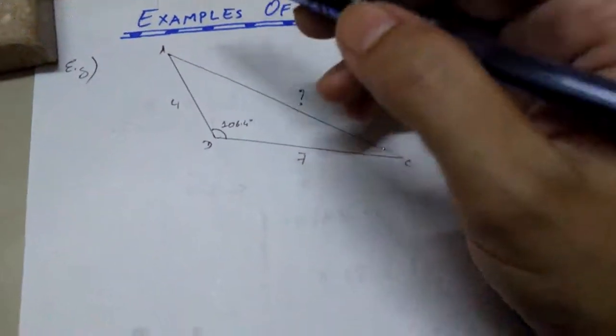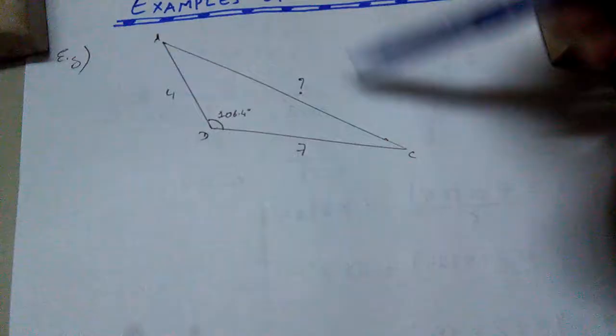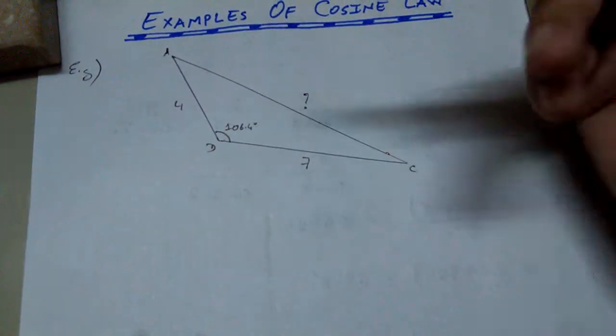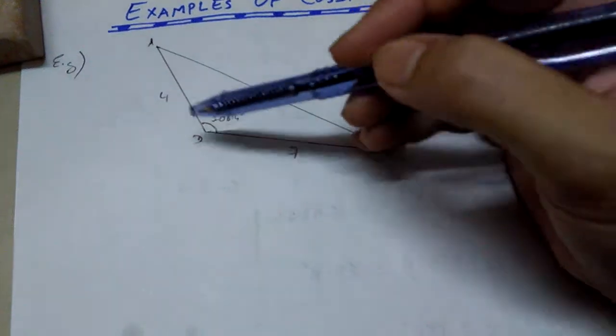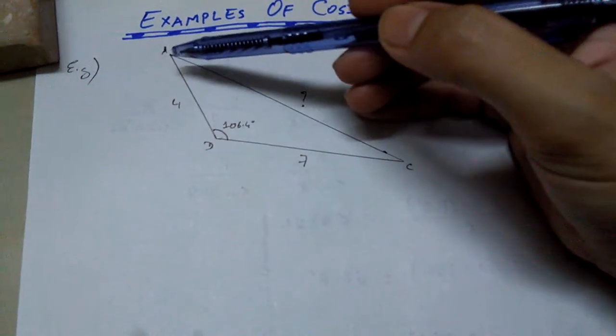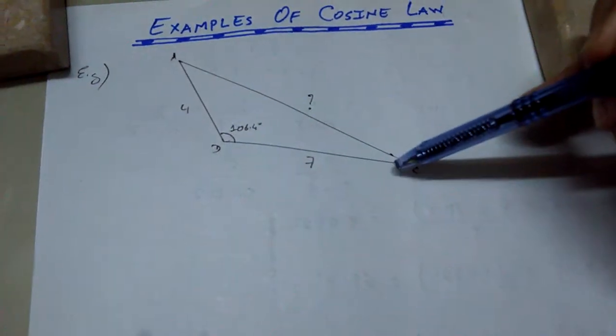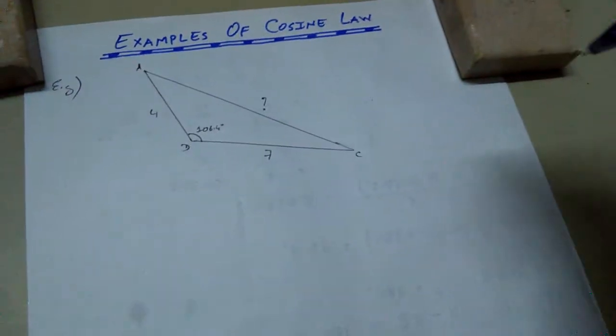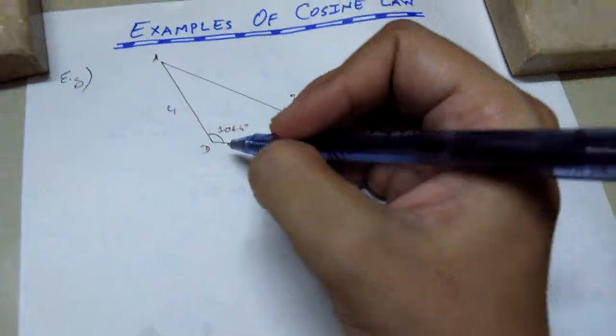So over here I've just managed one example. You can see that this is an oblique or obtuse angle triangle. Angle D is given to us, and these two side lengths are also mentioned. We have to find the third side. Before approaching the formula, let's mention the variable of each side.